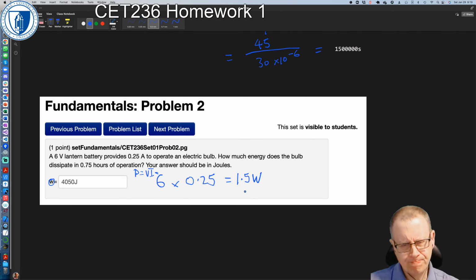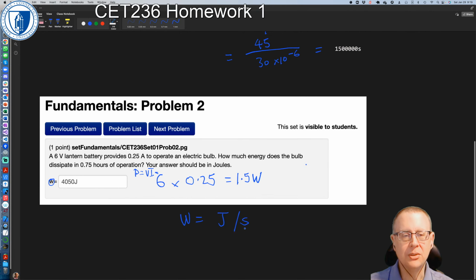But so the question is, how do we get watts to joules? Well, again, watts are joules per second.